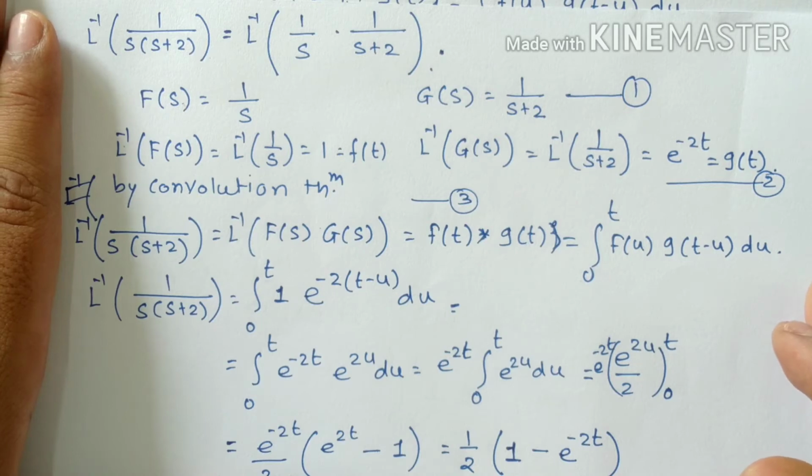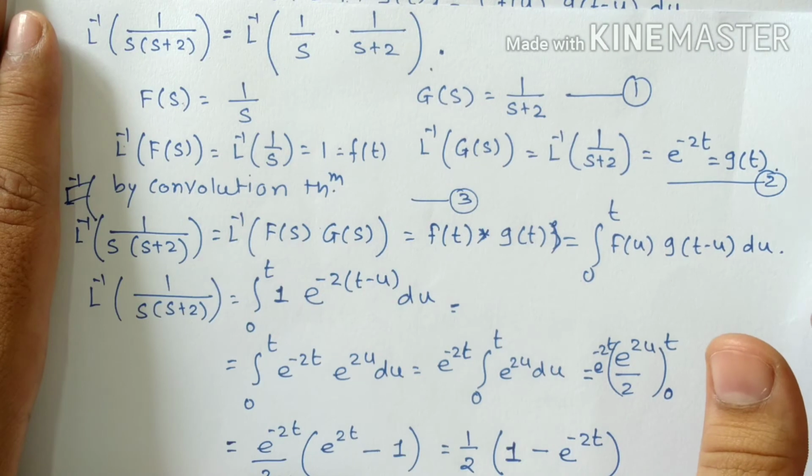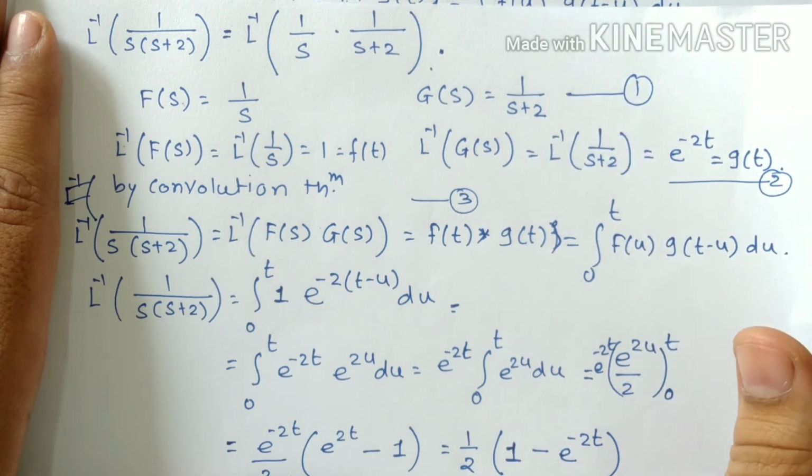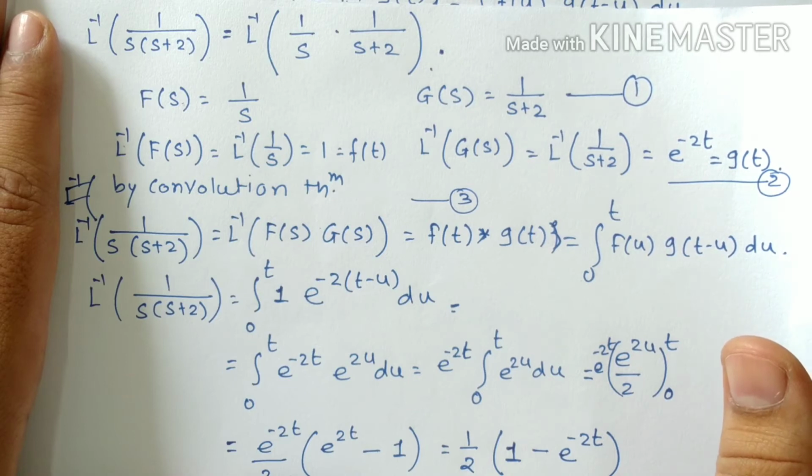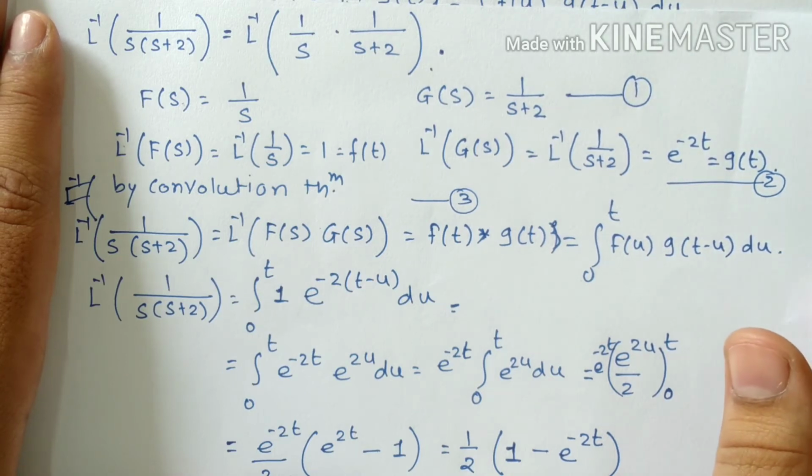Are you clear with this? So usually whenever there are quadratic factors, you can take the help of the convolution also, because most of the students find the partial fraction difficult in case of the quadratic factor, so you have a choice. But remember one thing, read the statement of the question carefully, what is mentioned there.